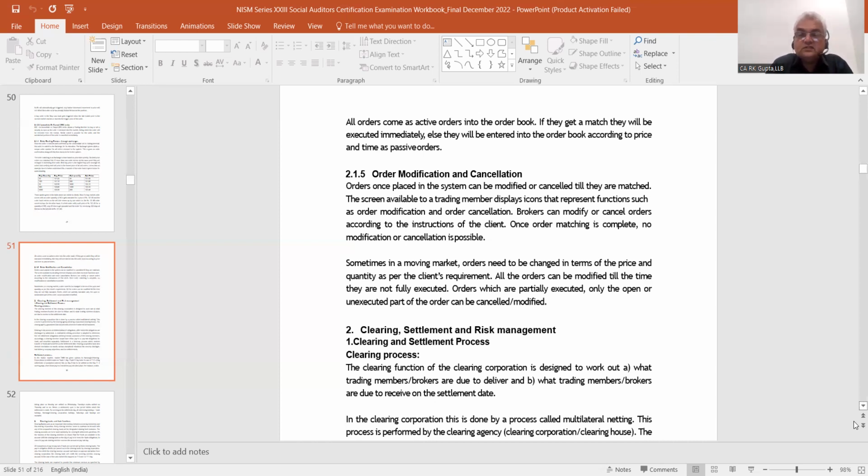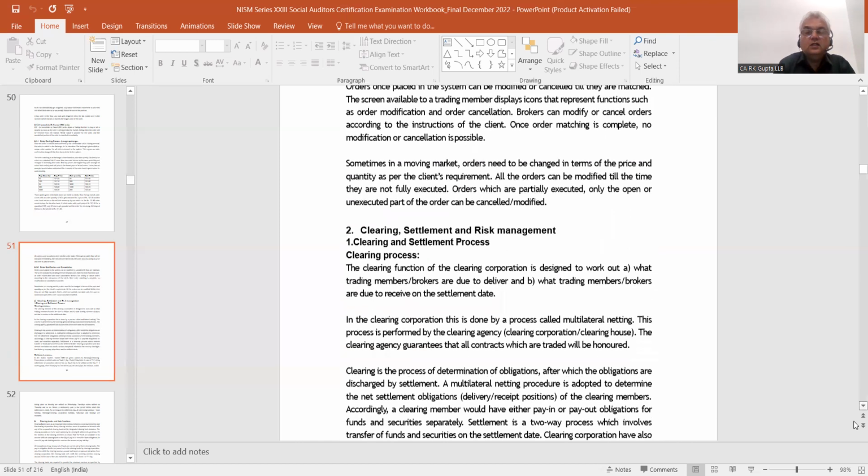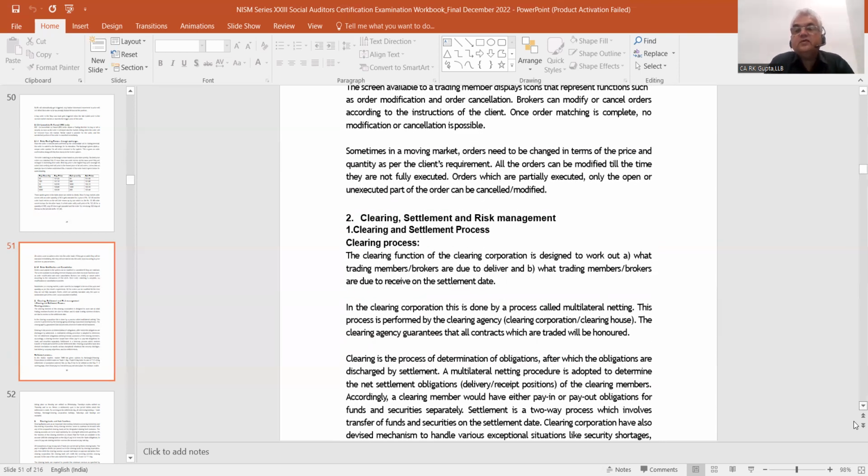So the clearing function of the clearing corporation is designed to work out first what trading members or brokers are due to deliver and what trading members or brokers are due to receive on the settlement date. In the clearing corporation, this is done by a process called multilateral netting.